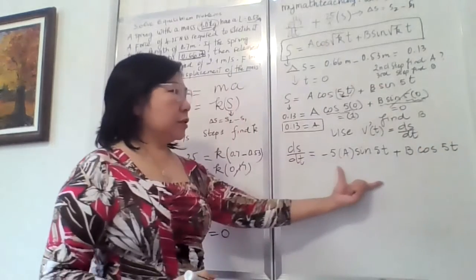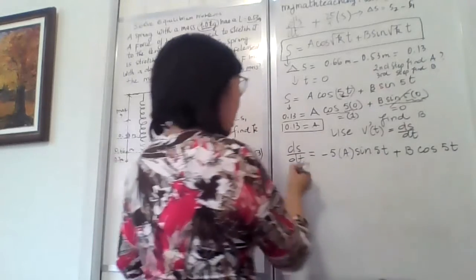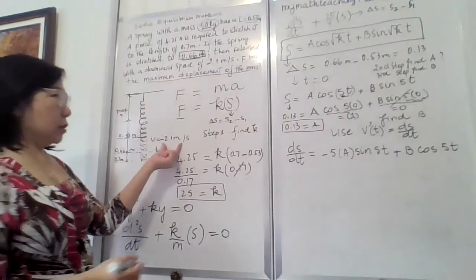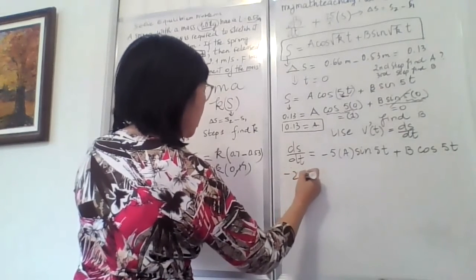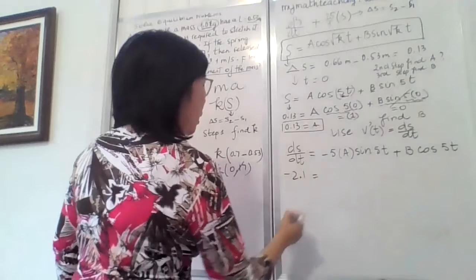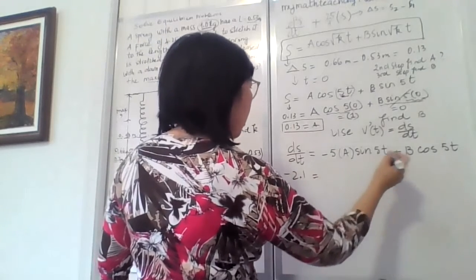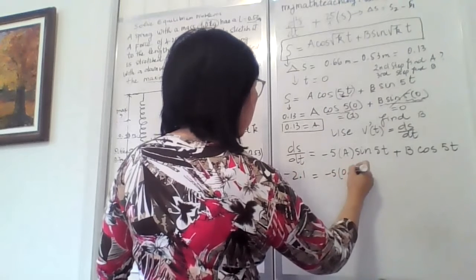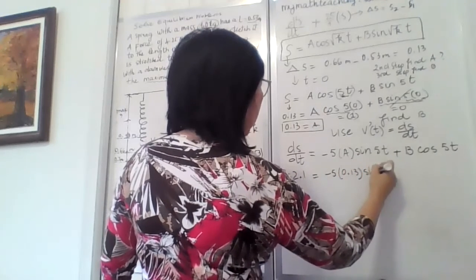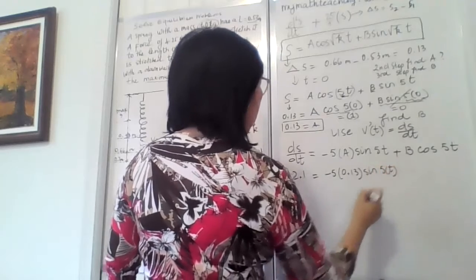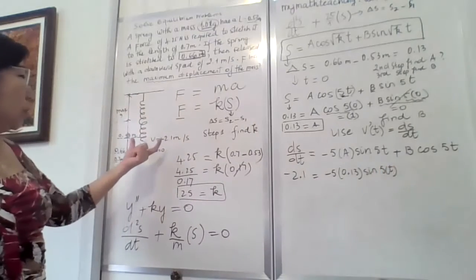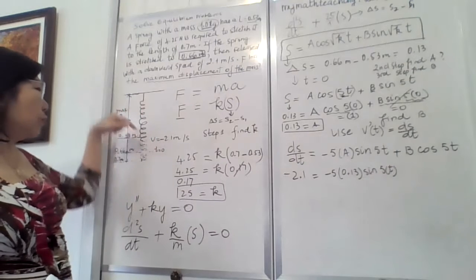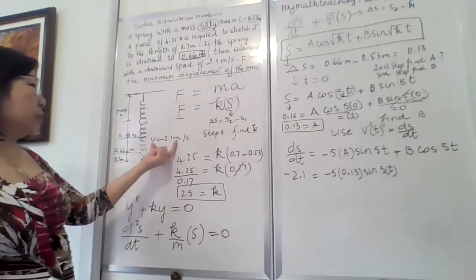So now based on this derivative, we're going to find B. And we know the information says the velocity is minus 2.1. So we're going to substitute this by minus 2.1 and solve for B. So this will be minus 5 times 0.13 sine of 5t. We were talking about what is the maximum level if it were pushed down with the velocity of this.